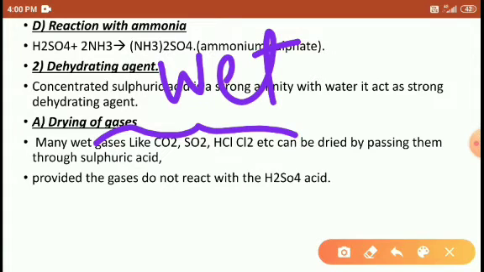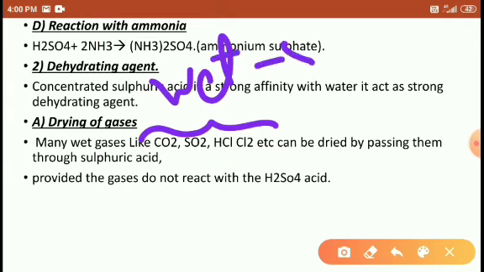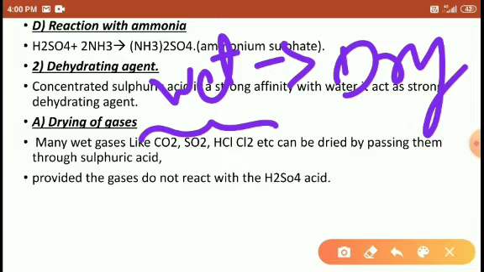For drying purposes, we spray sulfuric acid over these compounds. Then wet gases turn into dry gases.